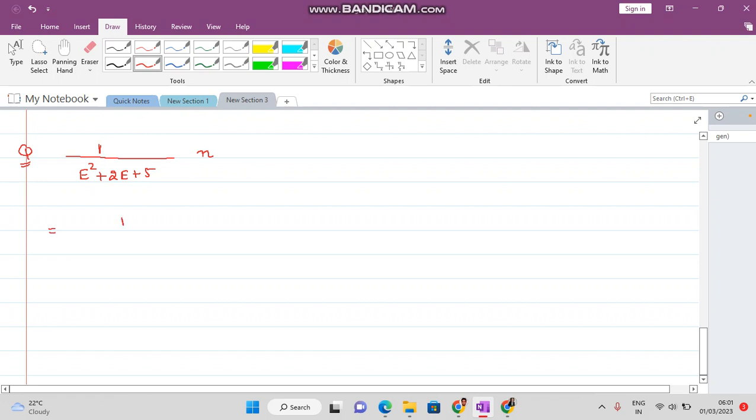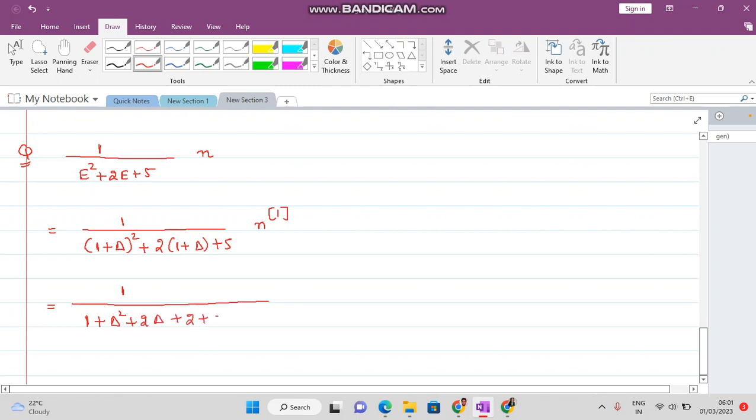You see that you convert this denominator in terms of delta. So it is 1 plus delta whole square plus 2 times 1 plus delta plus 5 into 1. 1 can be written as n raised to the power 1 factorial. Now here apply the a plus b whole square identity, which is a square plus b square plus 2ab, so we get 1 plus delta square plus 2 delta plus 2 plus 2 delta plus 5, n raised to the power 1 factorial.